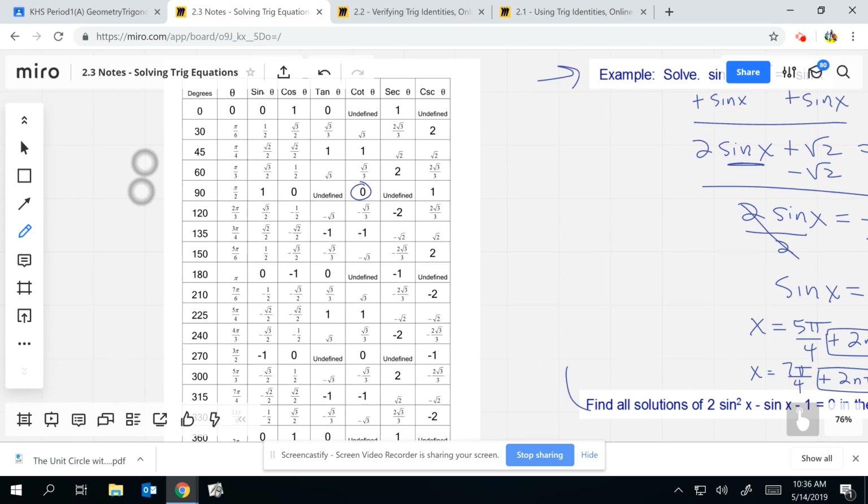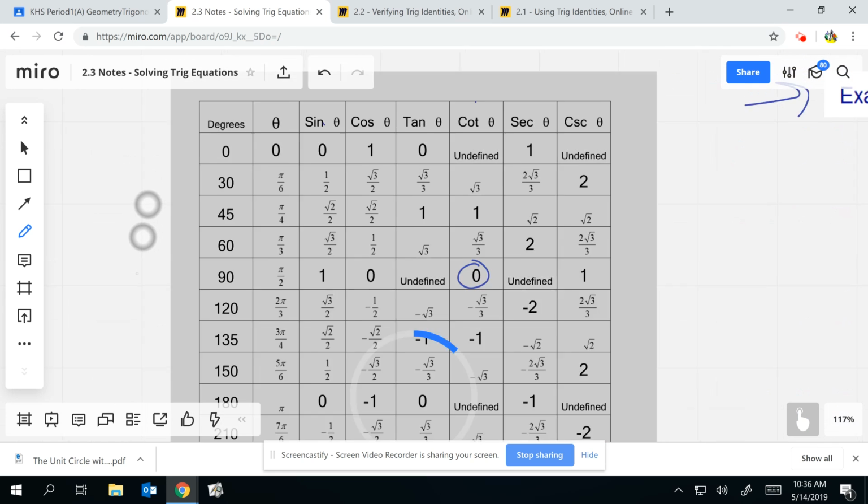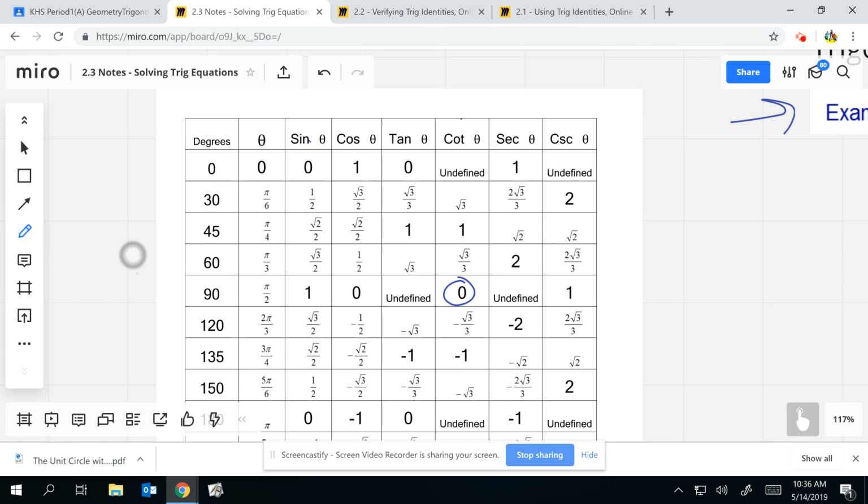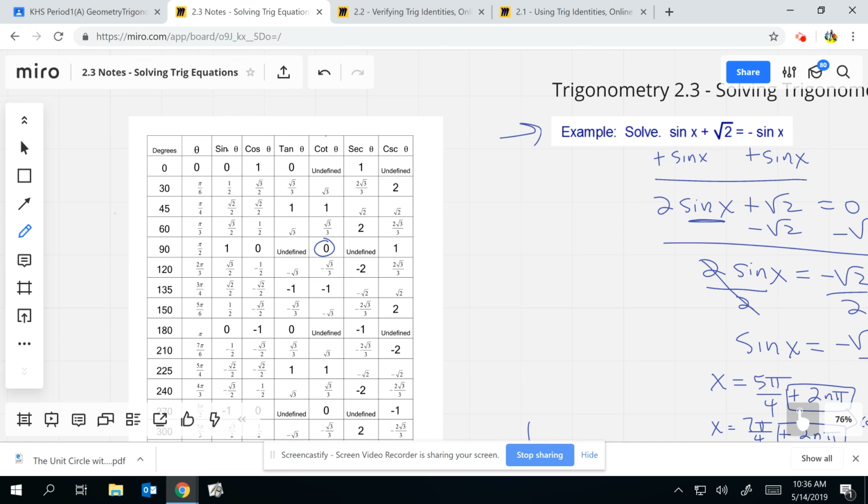Does anybody remember why cosine cannot be radical 2? If you notice, secant is radical 2, but that's when cosine was radical 2 over 2. So why can't the cosine be just radical 2? What's wrong with putting this radical 2 over here in cosine column? Why is that not allowed?